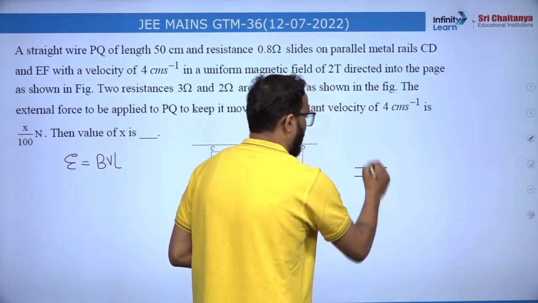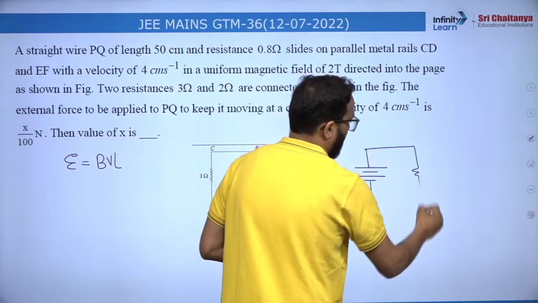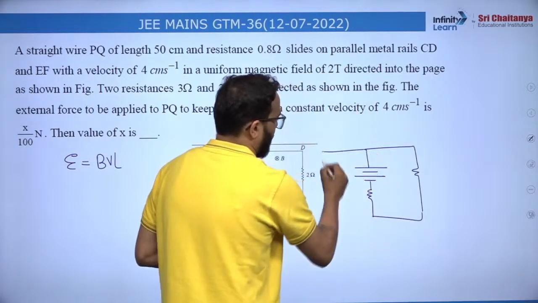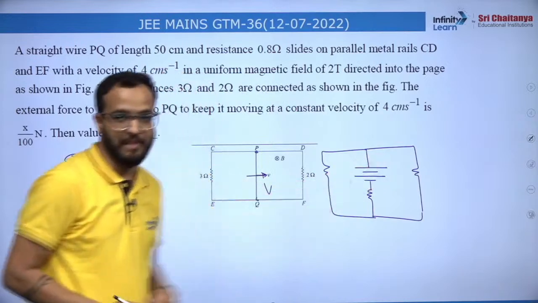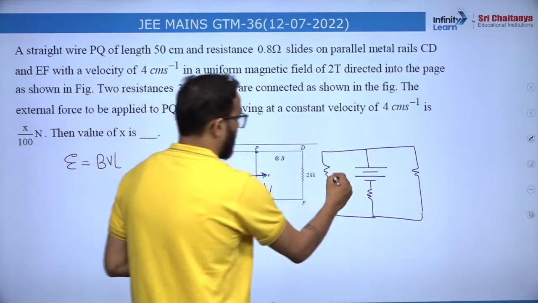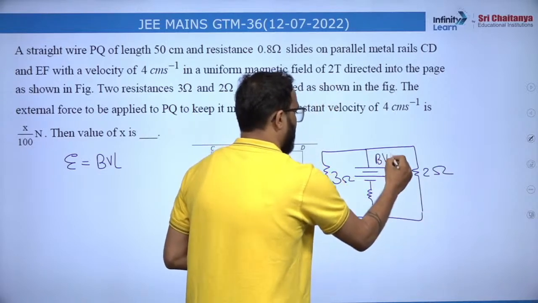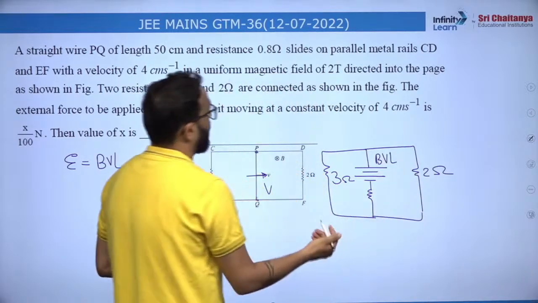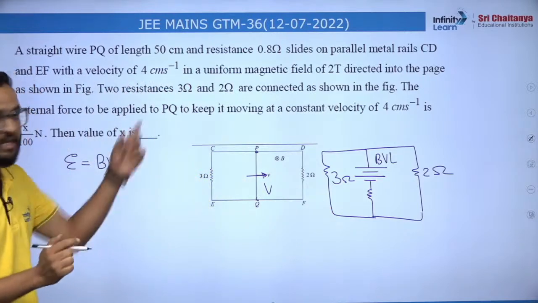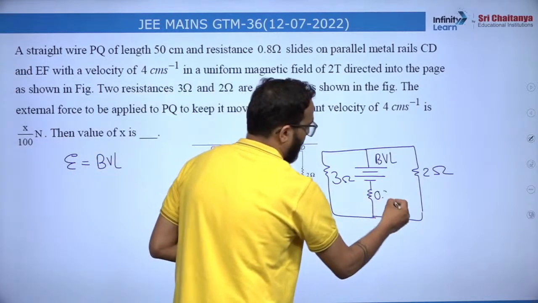It will have some of its own internal resistance, and these two resistances are in parallel. So you will say that this is 3 ohms, this is 2 ohms, this is BVL, and this is what? I guess 0.8. Very good. This is 0.8 ohms.